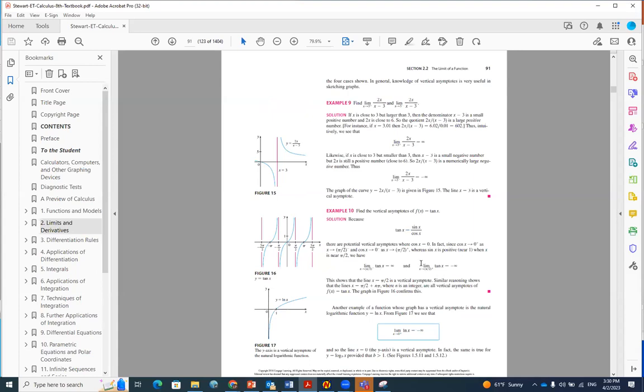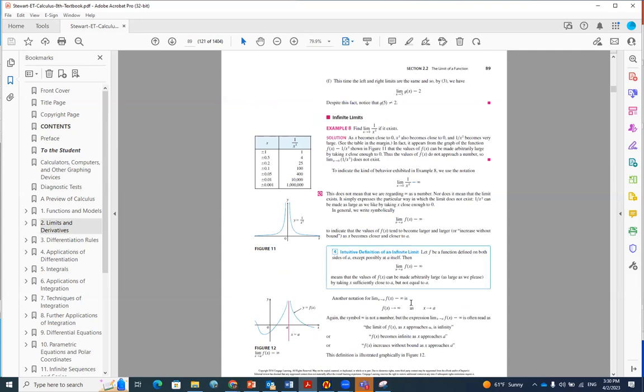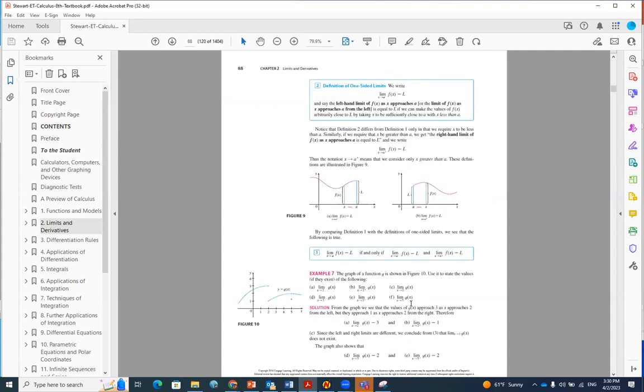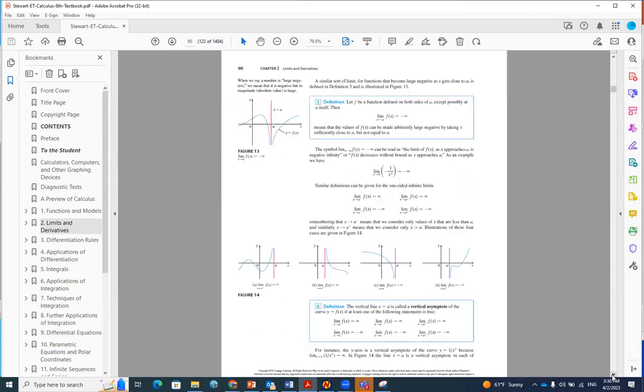These are vertical asymptotes. And there's a definition of vertical asymptotes over here in the textbook. So you have all these different cases.